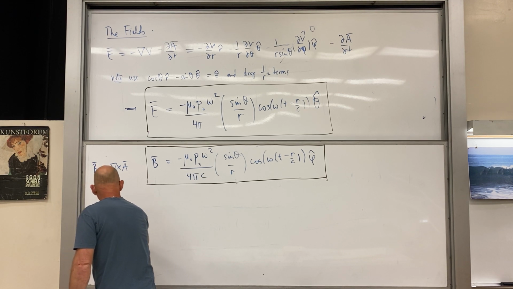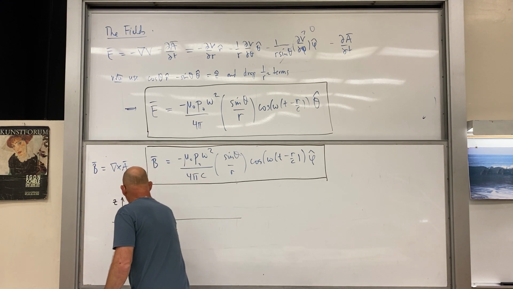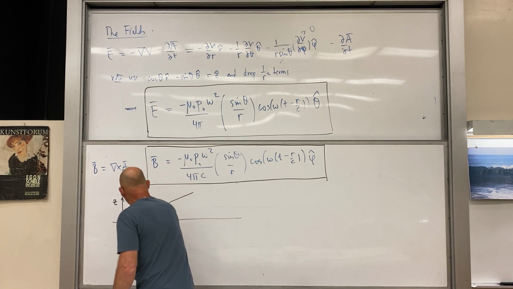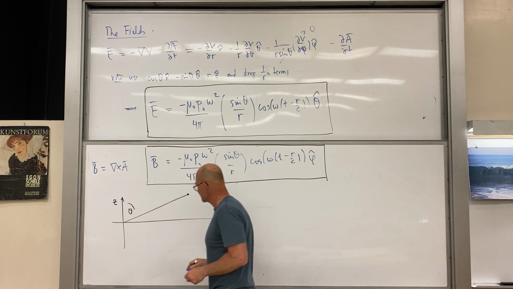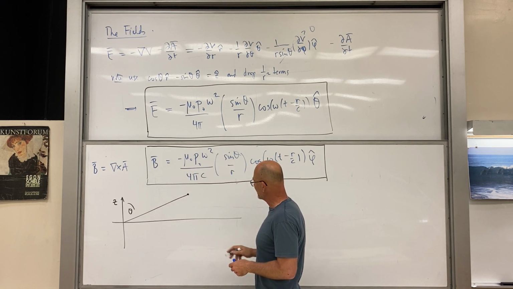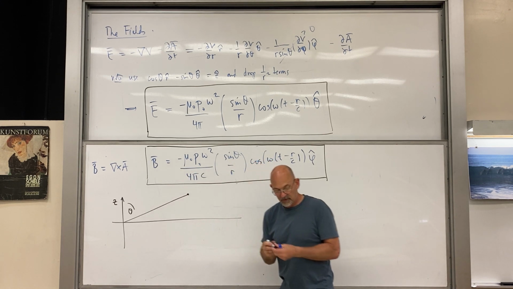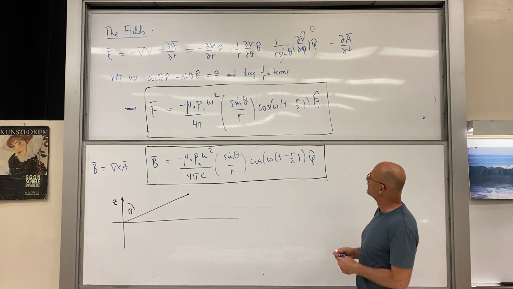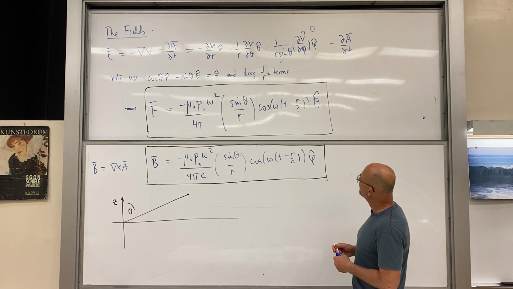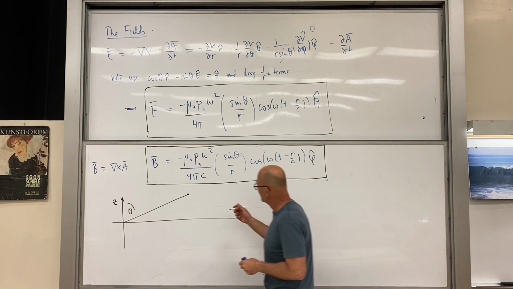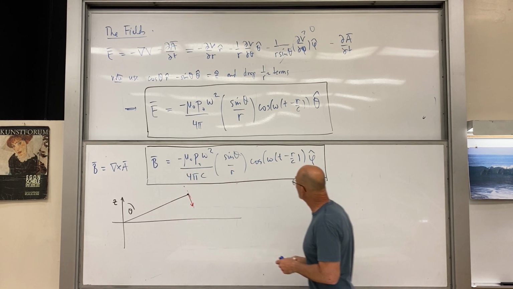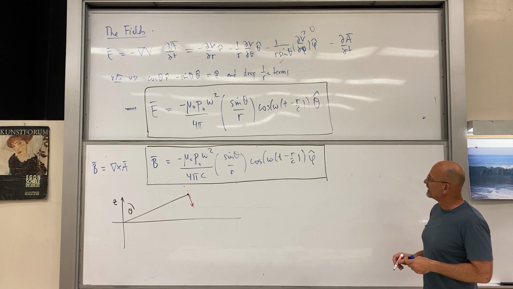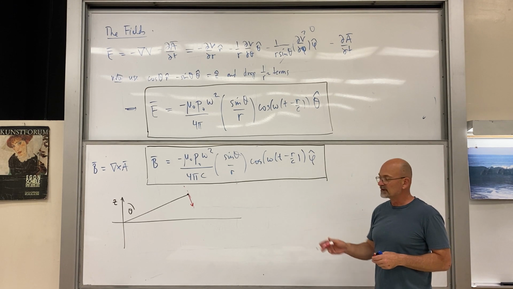This was our z direction. We're out here somewhere. Theta, I'll put that point right there. We're measuring theta. We're at some great distance. And what do we have for the E field? Theta hat. So at this point here, think of theta hat pointing in that direction, and phi hat would be into the board.